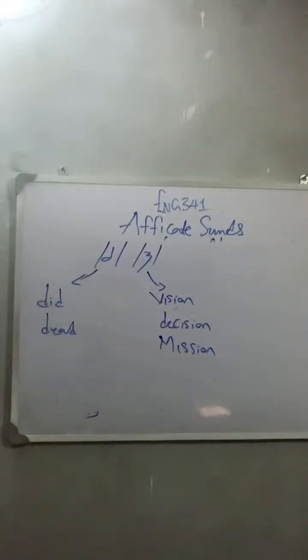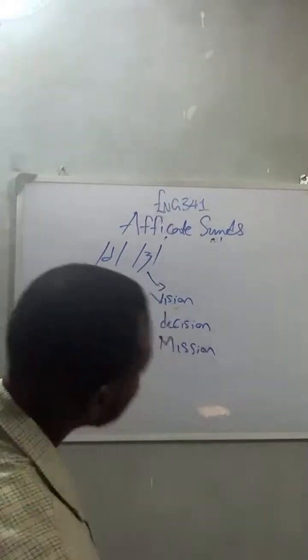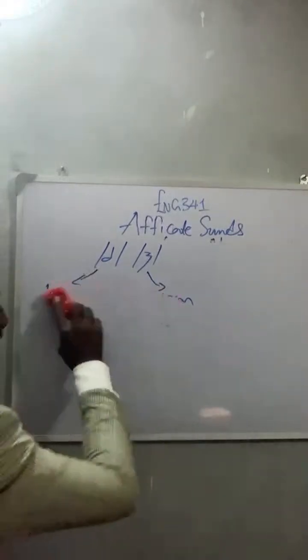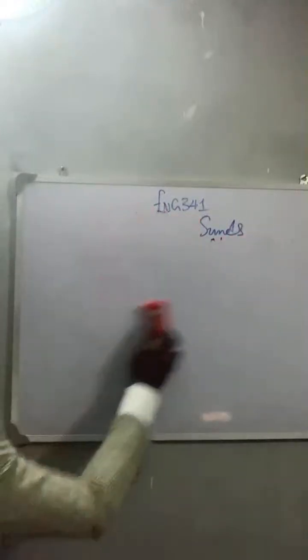So we have that as that. Now we also have the fricative sounds. Under these fricative sounds, we have plosive and affricate sounds. The production of plosive and affricate sounds under this, let me just erase this.